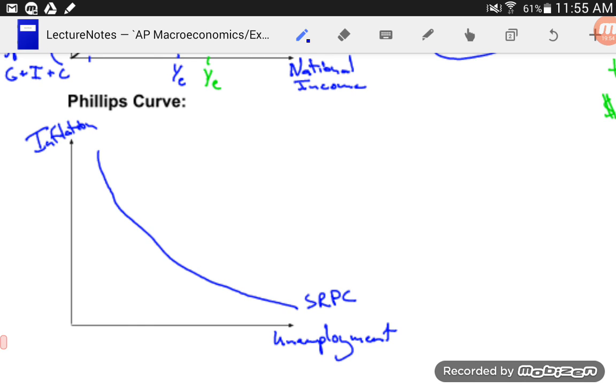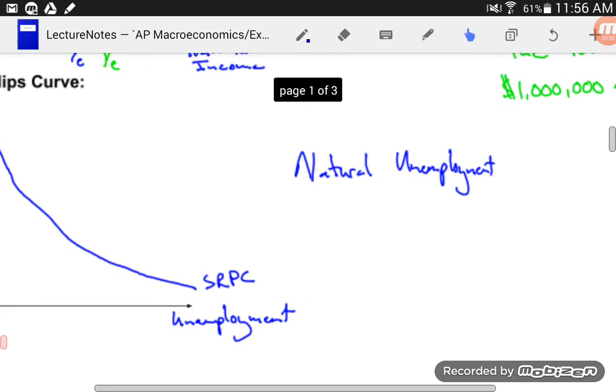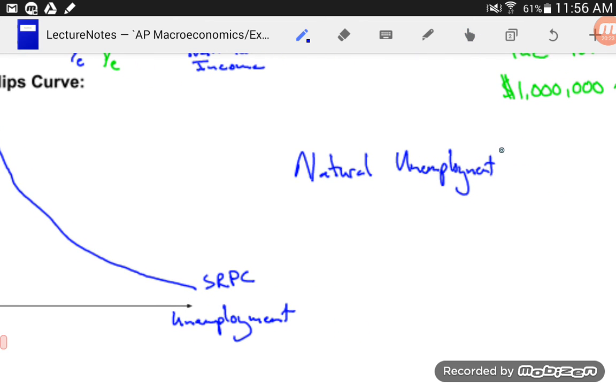In the long run, we have a natural unemployment rate. I've talked about it before. Natural unemployment. These are people who are college graduates, for instance, who are between jobs, people moving to a new city and haven't started a new job, somebody who is training for a new degree in order to get a job because a robot replaced their job.